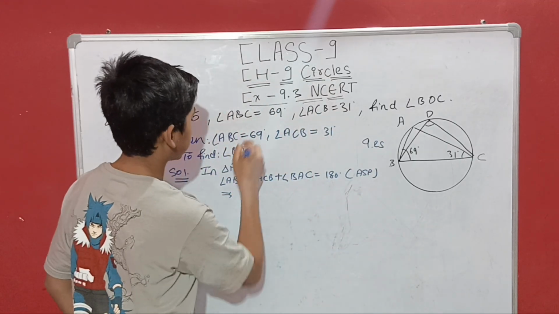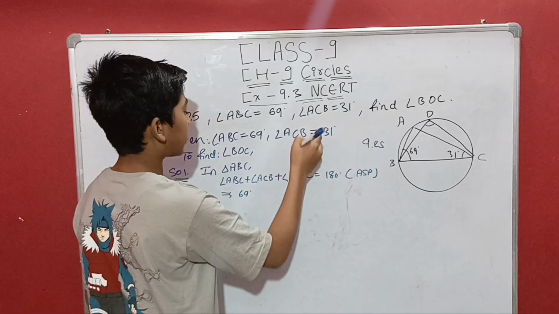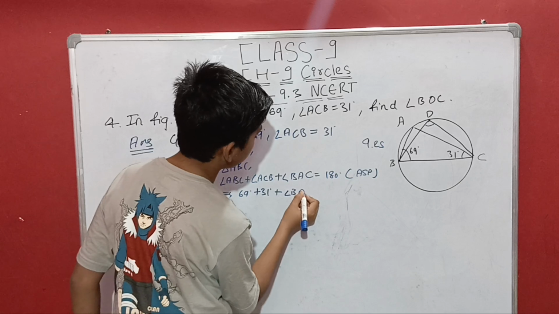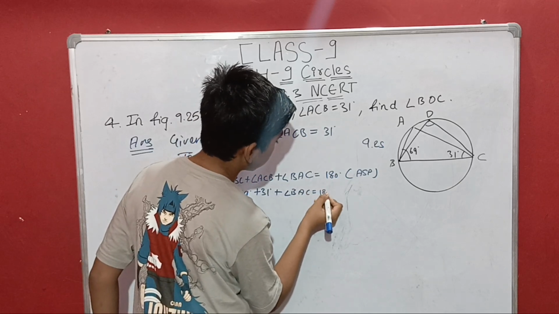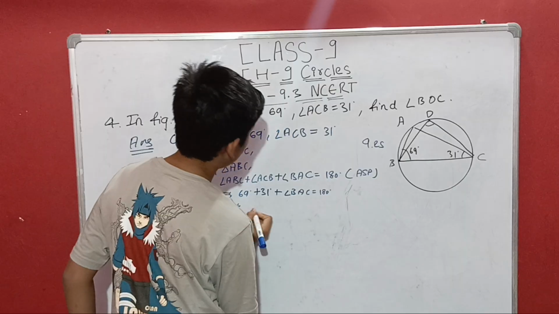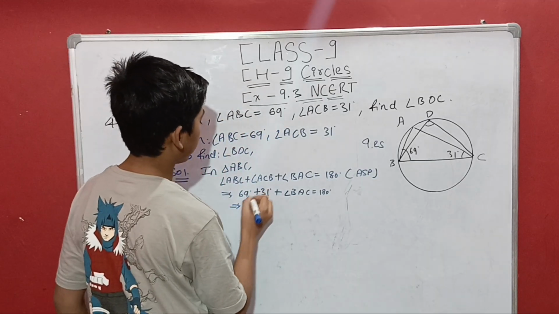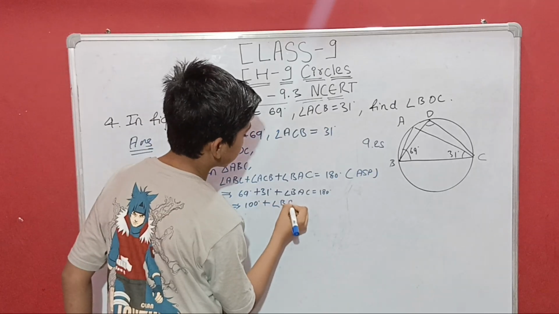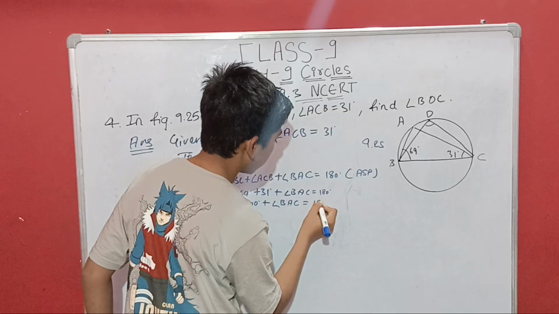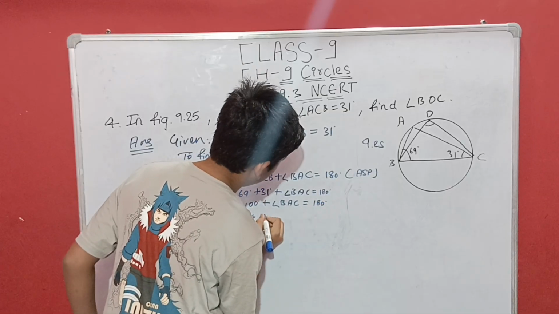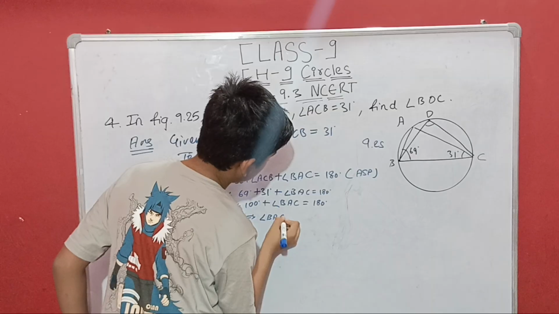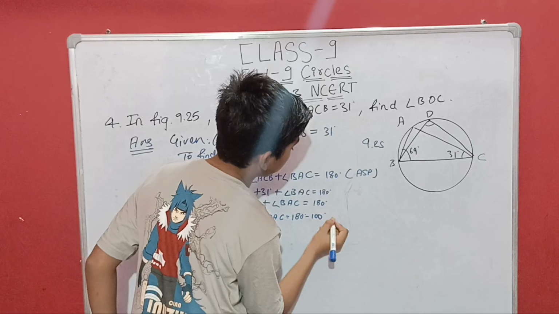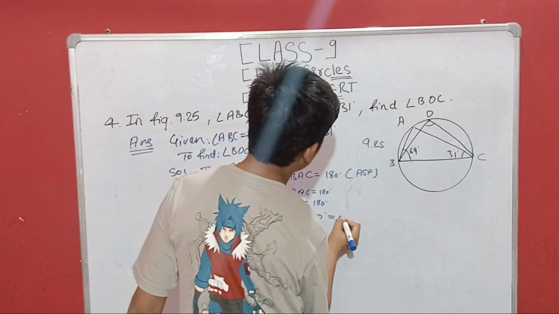What is ABC? 69 degrees. ACB, 31 degrees. Plus angle BAC is equal to 180 degrees. So we shall add these values, which sum up to 100 degrees, plus angle BAC is equal to 180 degrees. So angle BAC is equal to 180 degrees minus 100 degrees, which is 80 degrees.